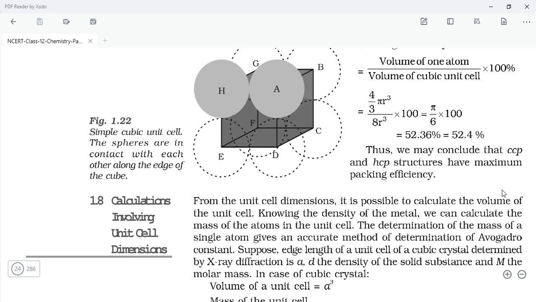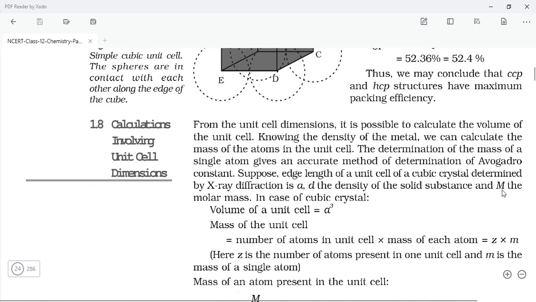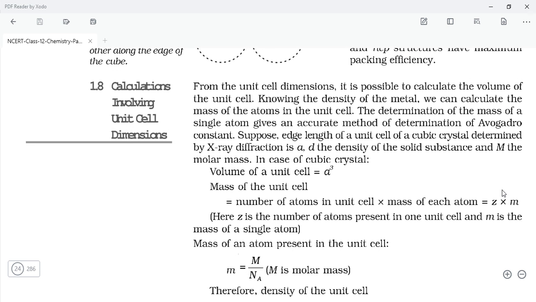In the case of cubic crystal, volume of a unit cell is equal to a cube. Mass of the unit cell is equal to number of atoms in the unit cell times mass of each atom, which is Z into m. Here Z is the number of atoms present in one unit cell and m is the mass of a single atom. Mass of an atom present in the unit cell, that's simply small m, is equal to capital M upon Na.